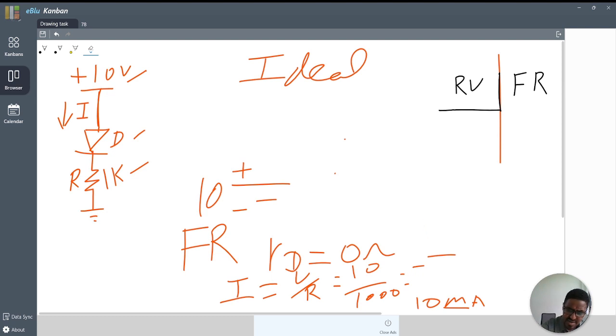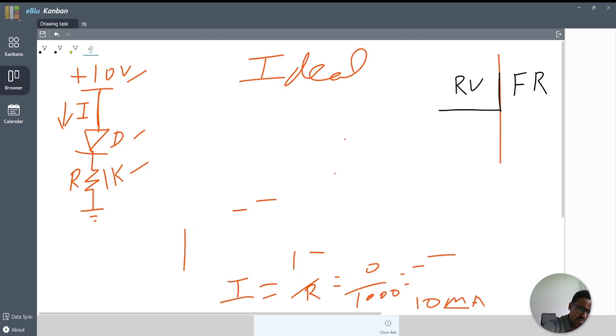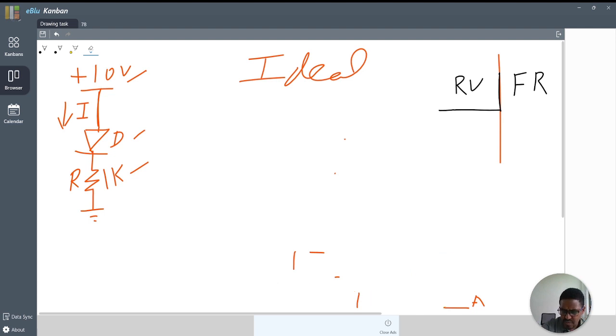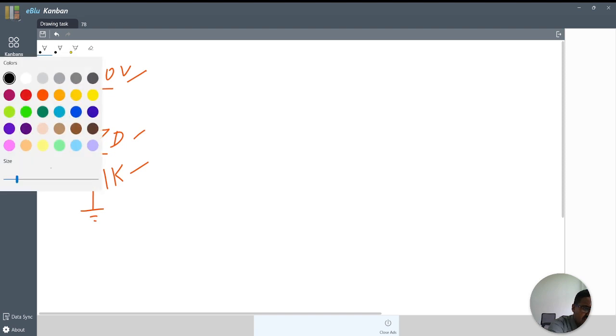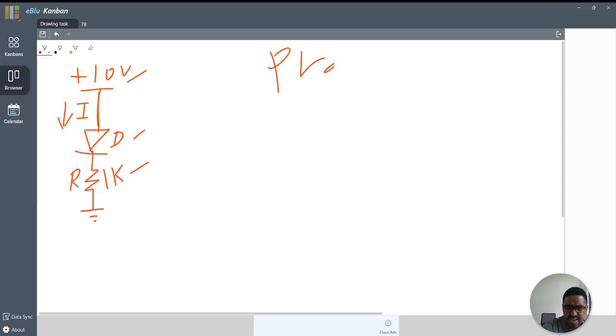That is a potential difference: for a silicon diode it is 0.7 volts, and for a germanium diode 0.3 volts, the potential difference across the diode. Let's assume our diode is a silicon diode.